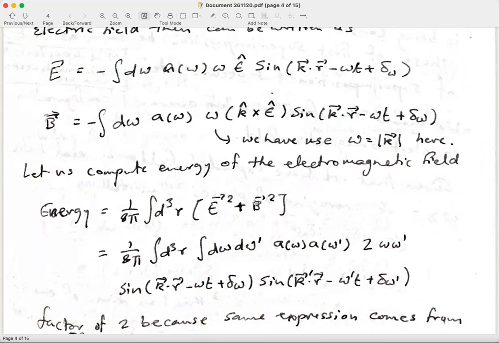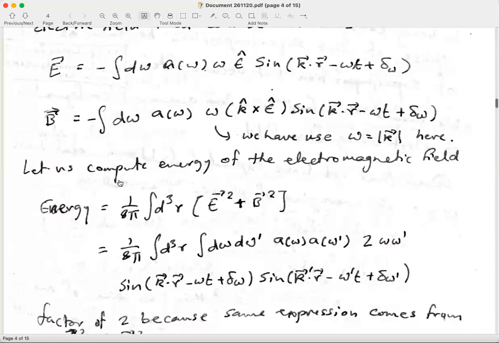You can check this by starting with the relativistic formulation of the Lagrangian density in terms of F mu nu, and try to determine the corresponding Hamiltonian, and you will find that it turns out to be E squared plus B squared. So this expression is 1 over 8 pi times integral d cube r times E squared plus B squared. That is the total energy, and all we have to do is take these expressions and plug them in.